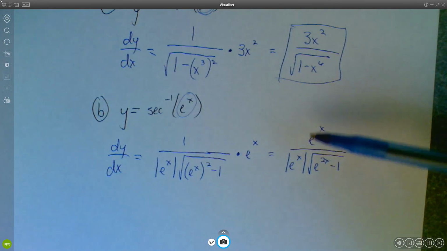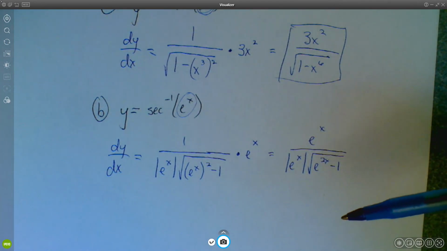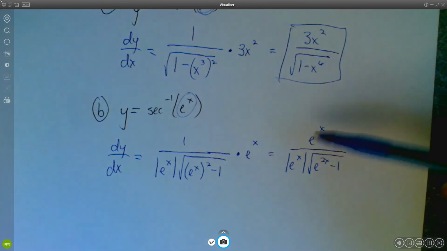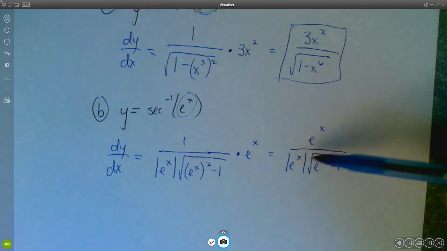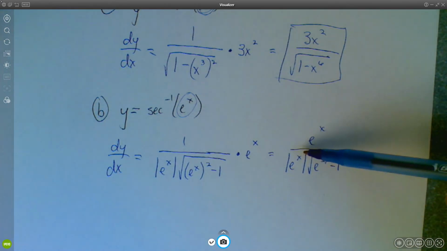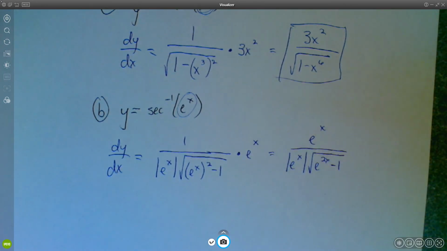e to the x is always going to be a positive number. If you plug in a positive number for x, then e to the x is obviously positive. But even if you plug in a negative number, like negative 10, e to the negative 10 is just 1 over e to the positive 10. That's a really small number, but it's still positive. So these absolute values really aren't doing anything.